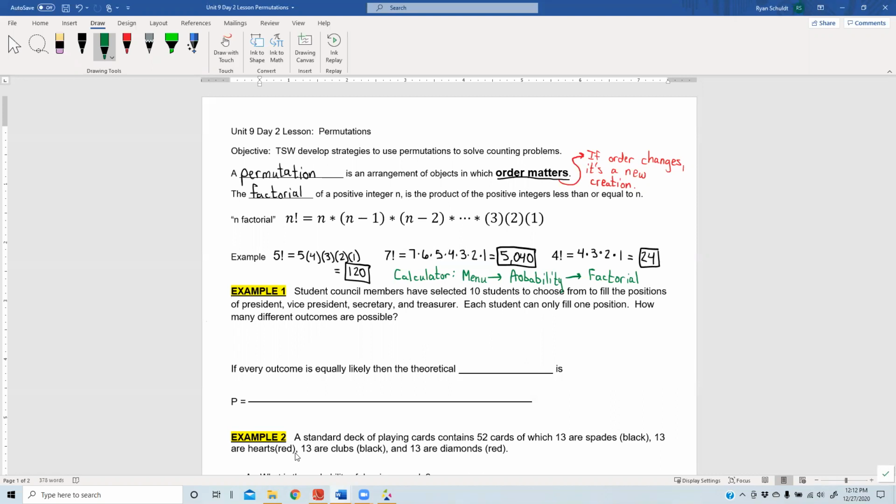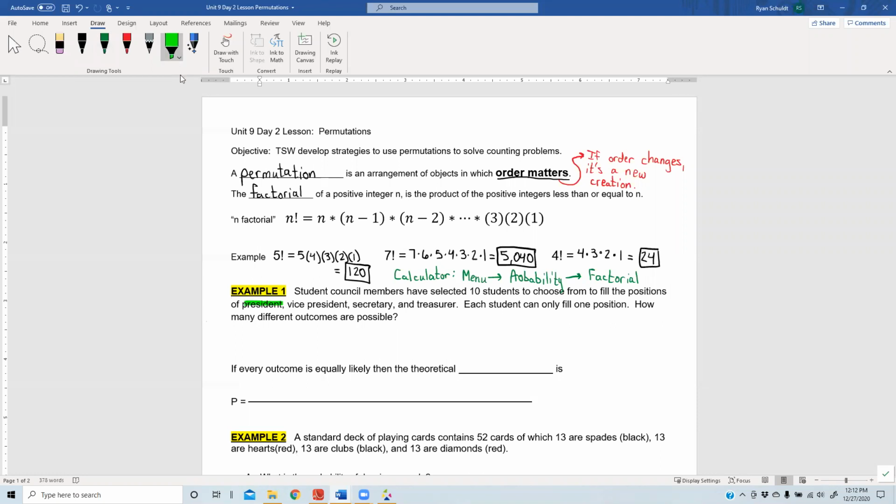Okay, let's look at this first example. Student council members have selected 10 students to choose from to fill positions of president, vice president, secretary, and treasurer. Each student can only fill one position. How many different outcomes are possible? Well, how many offices are there to be filled?